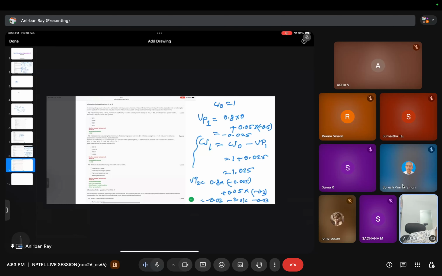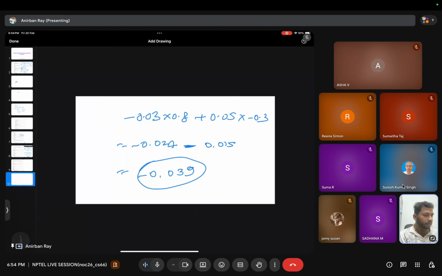This looks correct. Then this one looks correct too.